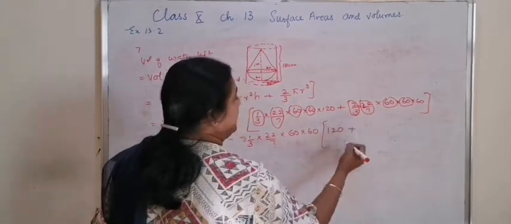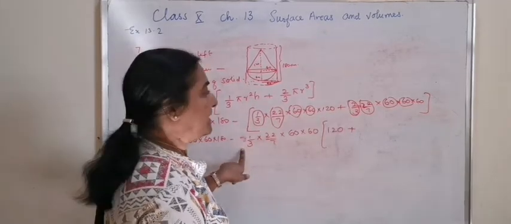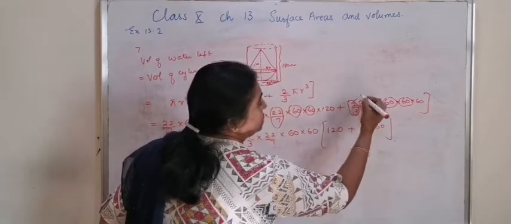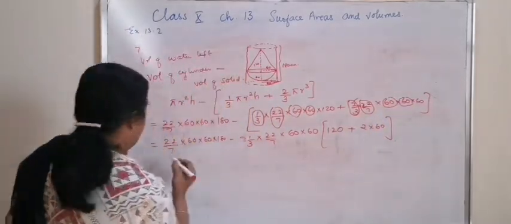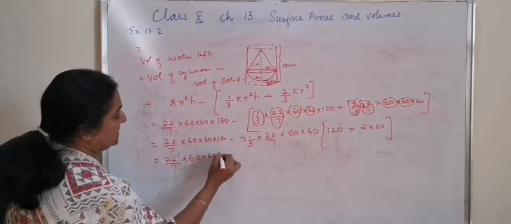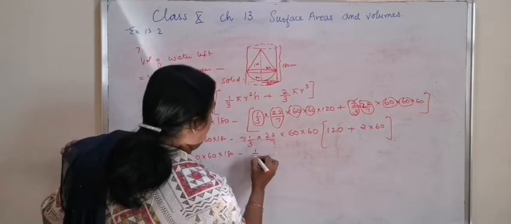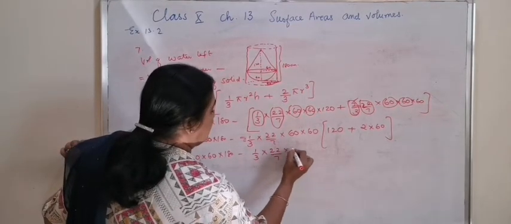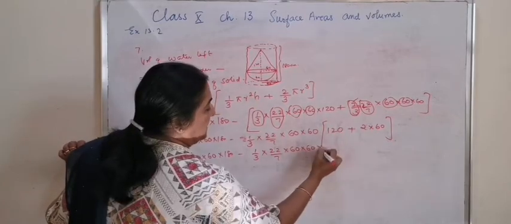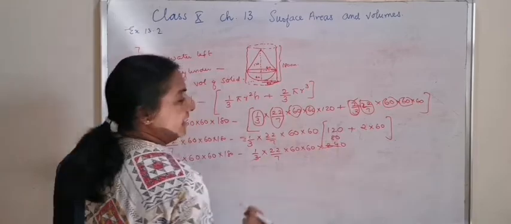From 2 by 3 the common factor is 1 by 3, that means it is 2 into 60. So it is 22 by 7, 60 into 60 into 180 minus 1 by 3, 22 by 7, 60, 60, 120 plus 120 is 240, or we can cancel this as 80.